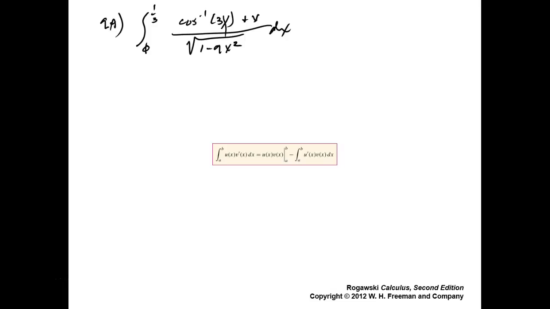Go down to inverse trigonometric functions and see number 20, d by dx of inverse cosine of x. If you let u equal inverse cosine of x, then du is equal to minus 1 over the square root of that, and I think you see that's pretty much what the rest of it is.